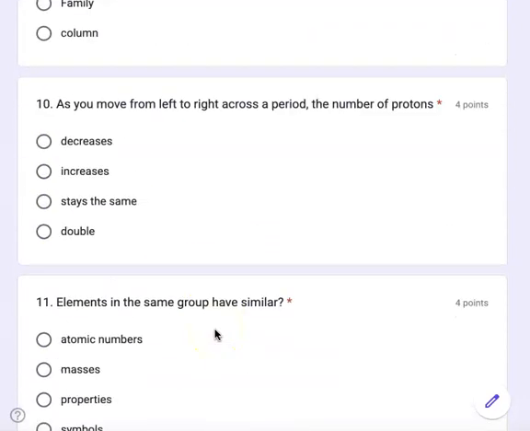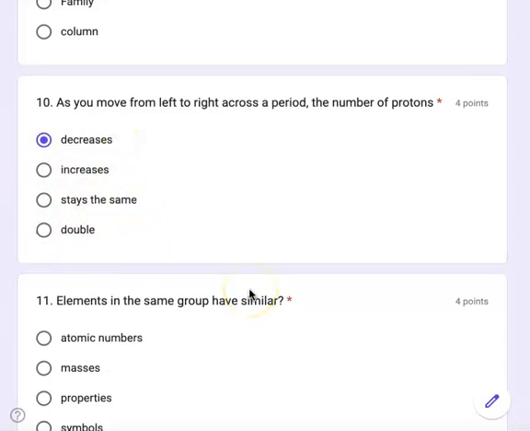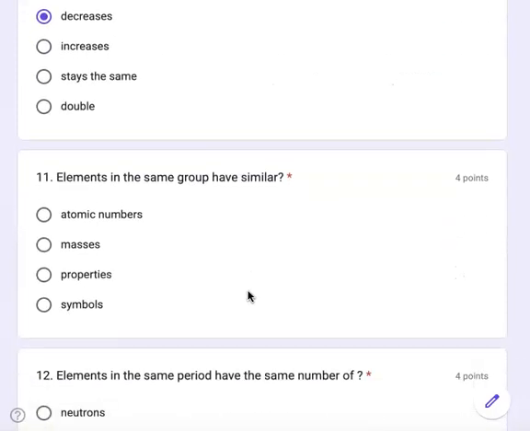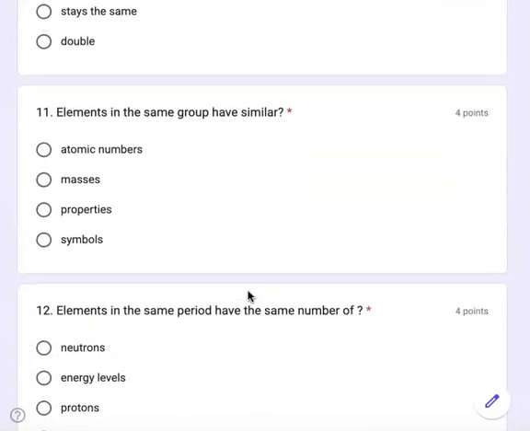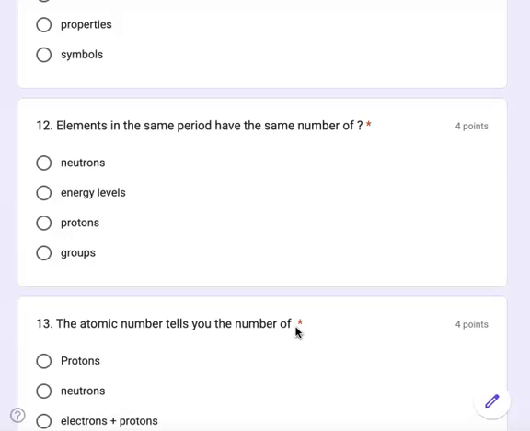Okay. 10. As you move from left to right, so like if you go from hydrogen over to helium, the number of protons decreases, increases, stays the same, doubles. 11. Elements in the same group have similar atomic numbers, masses, properties, symbols. 12.